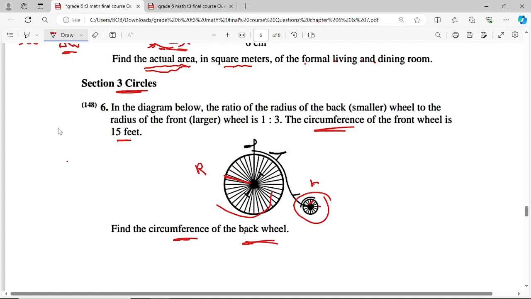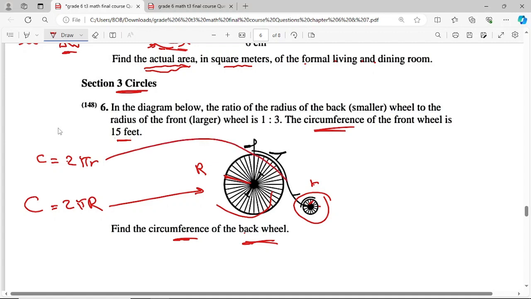Okay? Now, the circumference of the small wheel is equal to 2 pi r, because the circumference of any circle is 2 pi r. And the circumference of the larger circle will be equal to 2 pi r capital. Okay, that is for the big wheel, and this is for the small wheel. Okay? Now, here it is saying that the ratio of the smaller wheel to the larger wheel is 1 to 3.